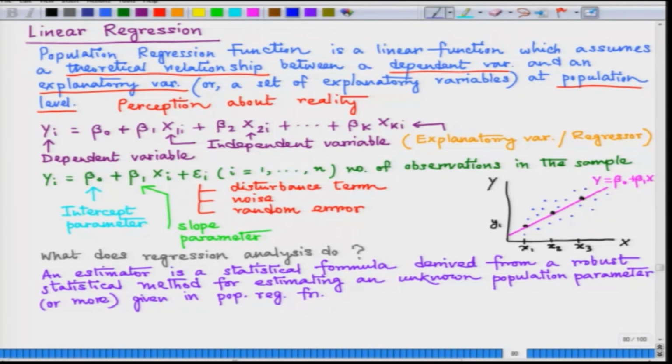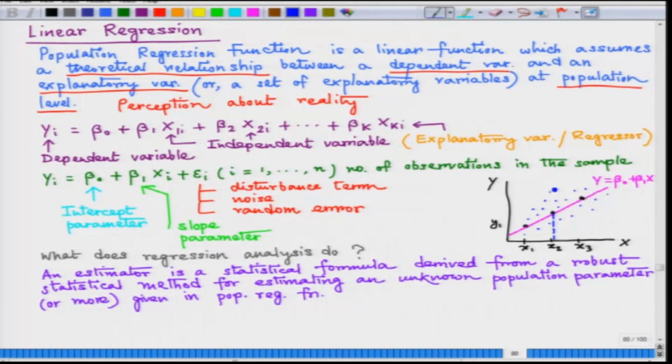So, suppose I take a particular value of x, say x2. Then I expect that my population regression function, as it is giving me the value of y, in reality I should see that y value only for x2, but I am observing some data in reality here, this large blue dot.